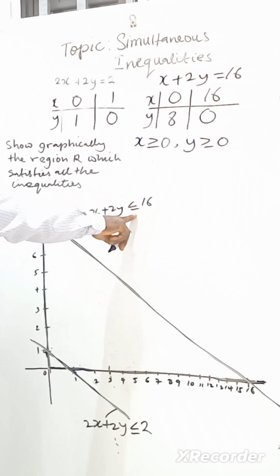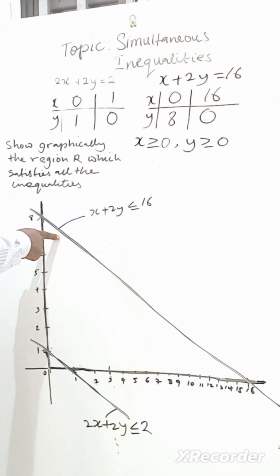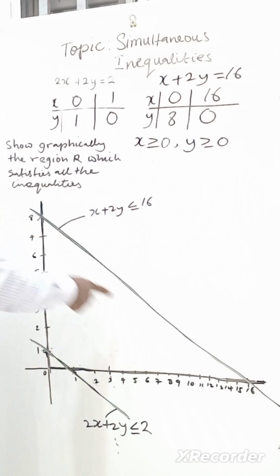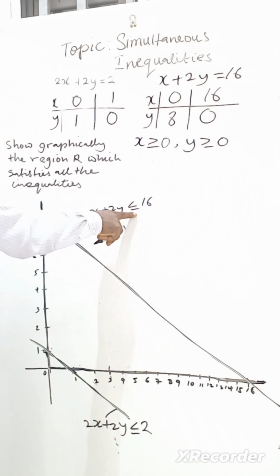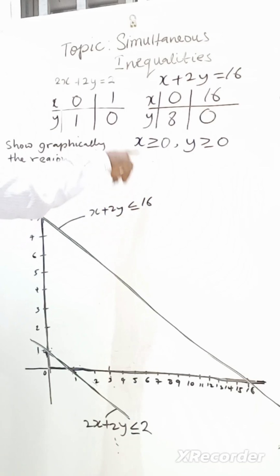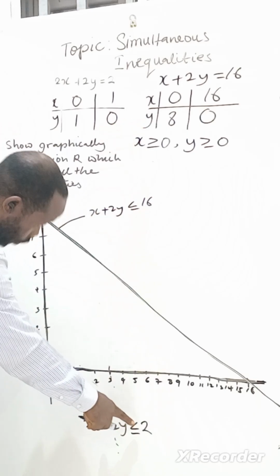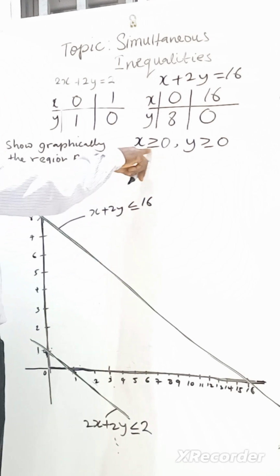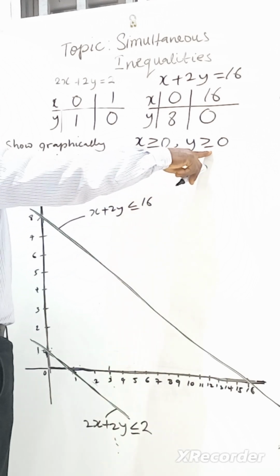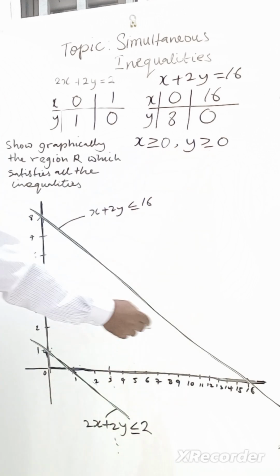So whenever you see something like this, less than or equal to or greater than or equal to, the graph of the line will be a thick line. So my lines are thick lines because the inequality sign is less than or equal to here. On this particular equation, it is also less than or equal to. On this equation, it is greater than or equal to. So my lines are thick lines.